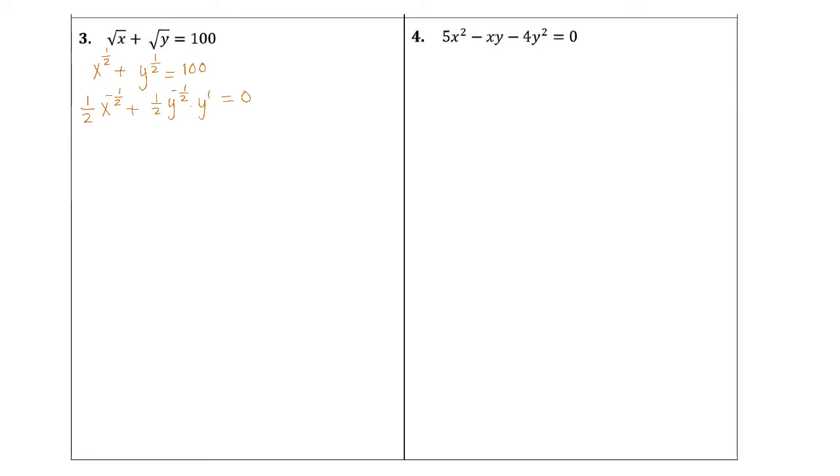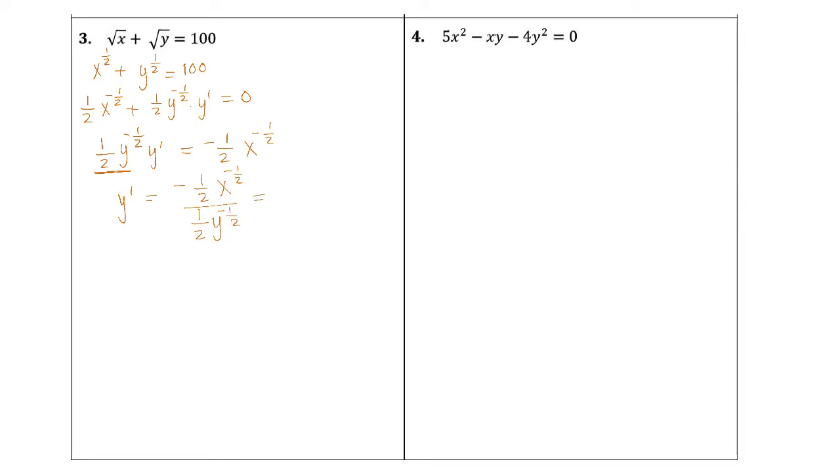So we have 1/2 y to the negative 1/2 y prime equals negative 1/2 x to the negative 1/2, because we are moving that. And then we're going to divide both sides by this portion here. So I have y prime equals negative 1/2 x to the negative 1/2 over positive 1/2 y to the negative 1/2.